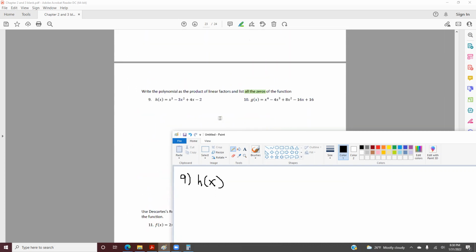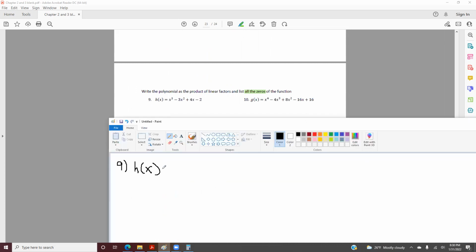Same thing with question 9 and 10. They did not provide us any zeros here, so you have to use PQs to figure out your synthetic. So this is actually easy, question 9.